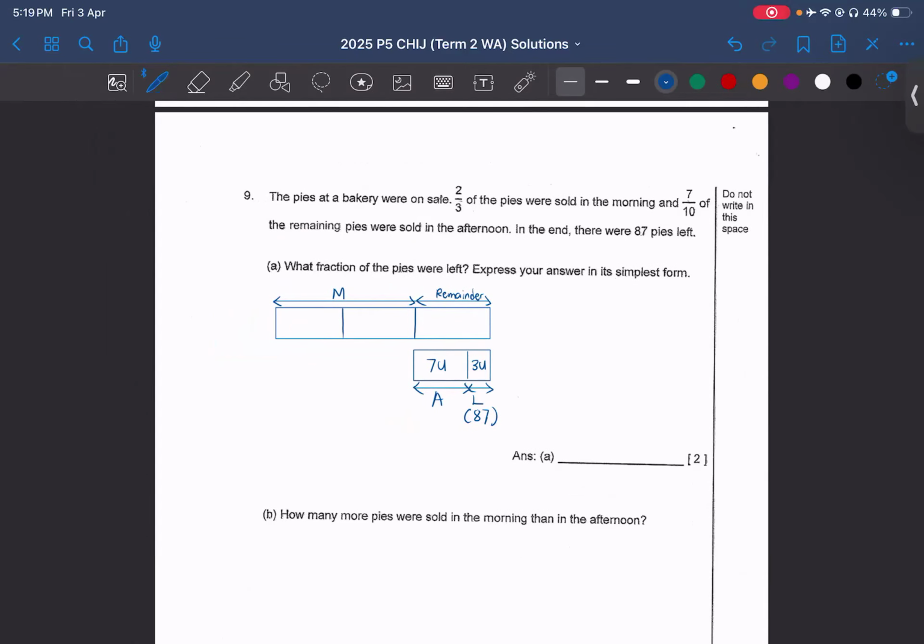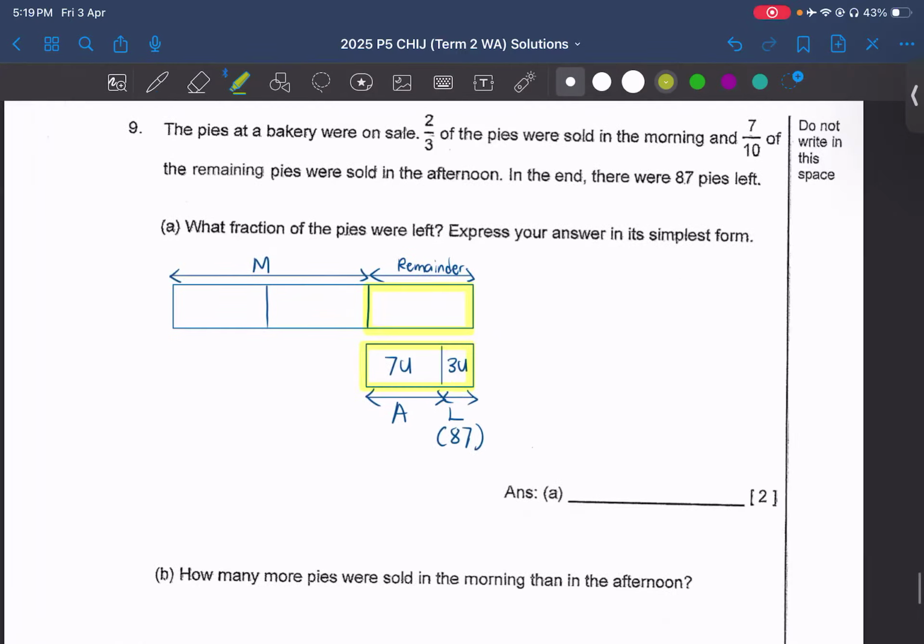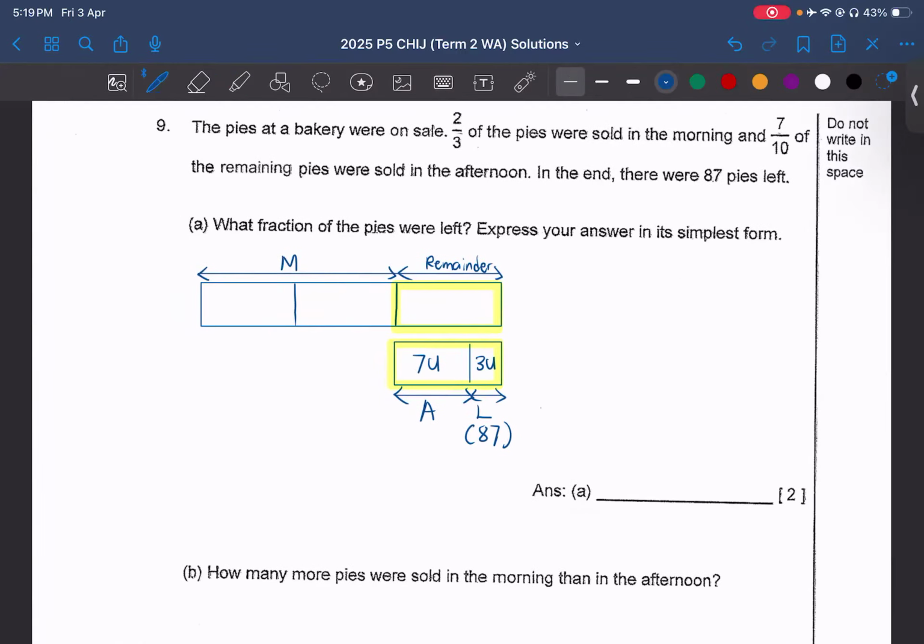Okay. So next, I'm going to compare my remainder portions here, this box here and this portion of my remainder here. What you have left is 10 units, and what you have in your remainder portion above is actually 1 part. So we need to make them the same first.